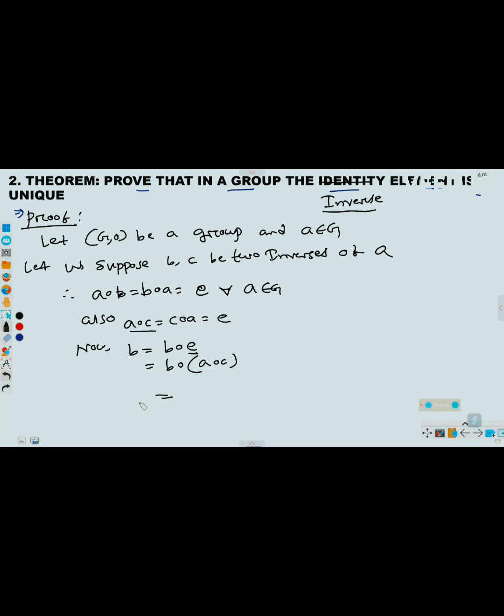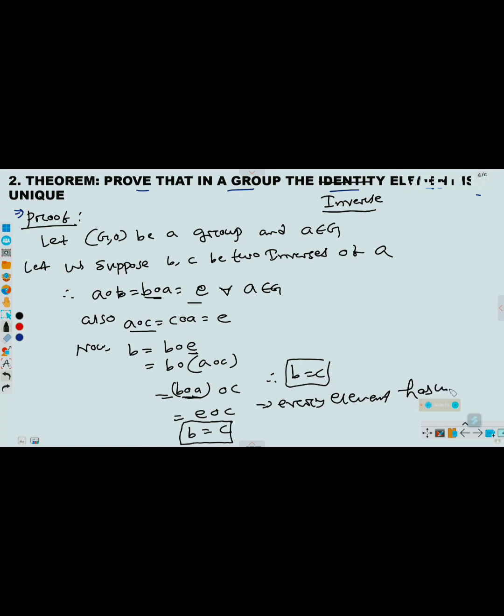Now, by associativity, we can write (B compose A) compose C. B compose A is nothing but E. That means E compose C, which is equal to C. On the left hand side we have B. That means we have proved that B equals C. Therefore, B equals C, which implies that every element has a unique inverse, which is our required proof.